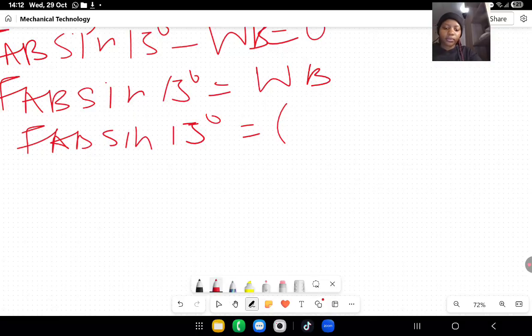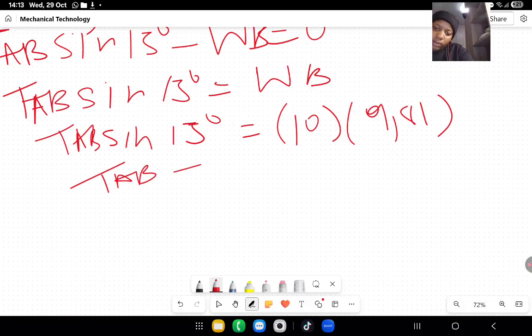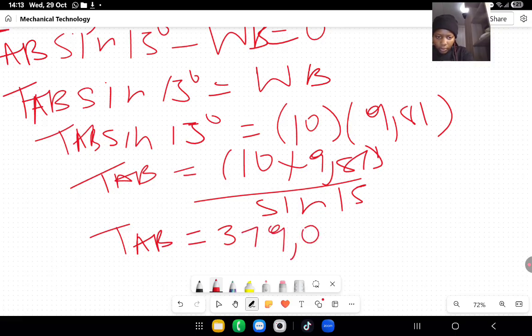So TAB equals 10 times 9.81 all divided by sine 15, which gives 379.03 newtons.